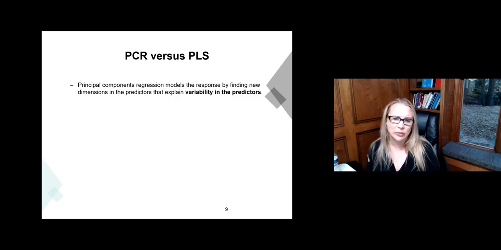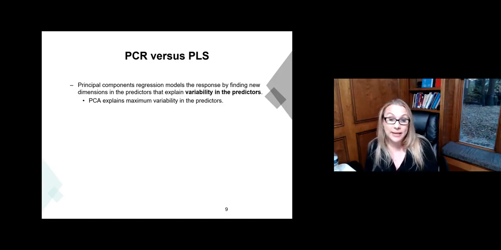So what's the difference between PCR and PLS? Principal component regression models the response by finding new dimensions in the predictors that explain the variability in the predictors. And PCA explains maximum variability in the predictors. This regression maximizes the correlation between the response and the principal components.